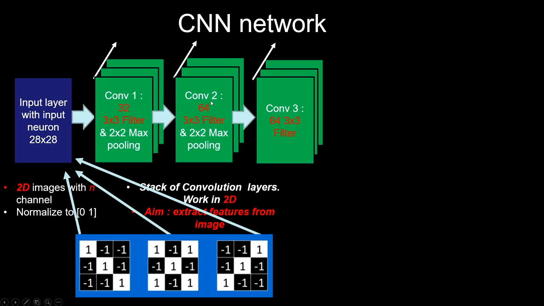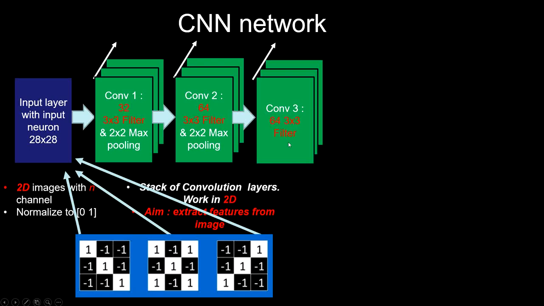For convolutional 2, the input will be the feature maps from convolutional 1, and the output will be the feature maps of convolutional 2 with 64 images. The same thing applies with the next convolutional layer.